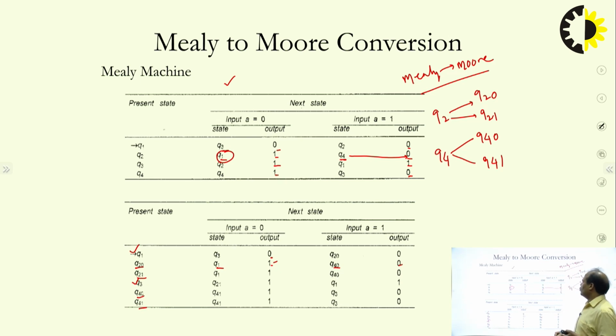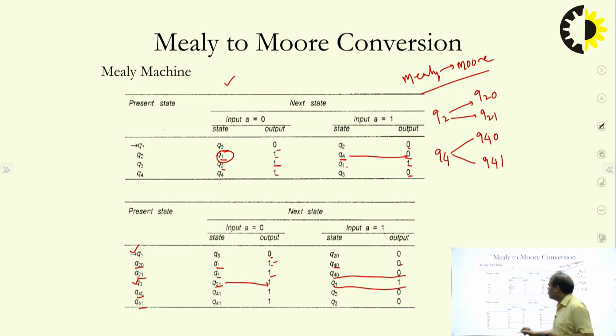Then the transition for Q2 1 remains the same: Q1 and then Q4 0. There is no change in the transition. Q3 goes to Q2, and Q2 has output 1, so this will correspond to Q2 1. And then Q3 on 1 goes to Q1, which has not been split, so it remains Q1.